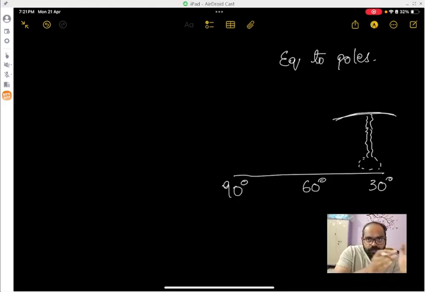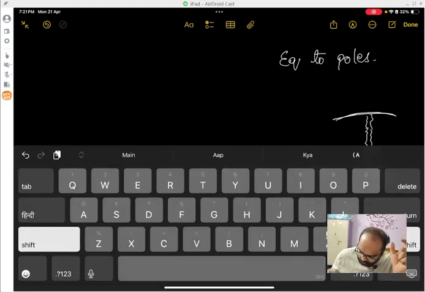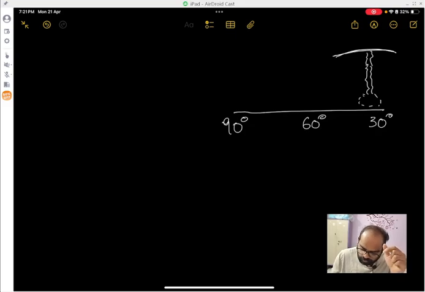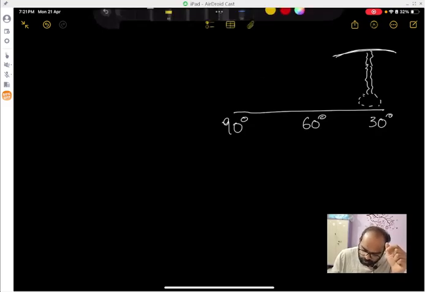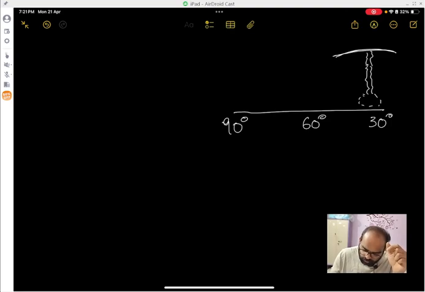Coming to the temperate zone, the temperature is comparatively lower. The air rises, but not to the same extent as in the tropical and equatorial regions. So at temperate regions the troposphere will be somewhere here, and at polar regions, which are frigid, the air does not rise much higher.